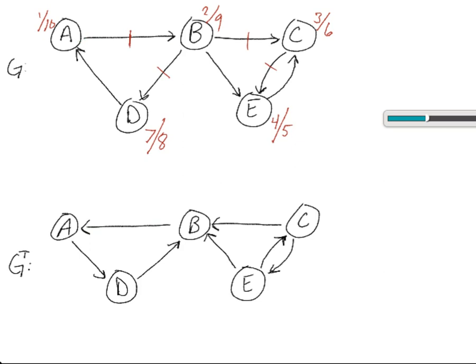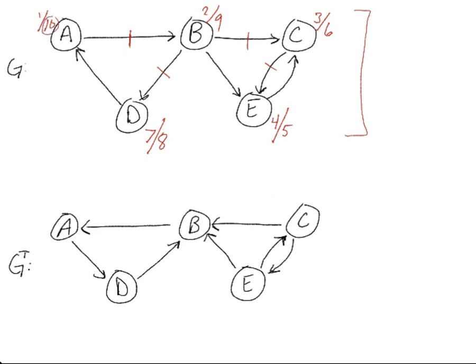Now what we're going to do on the transpose graph is do another depth first search in reverse order of finish time. In the original search, the greatest finish time is node A with a finish time of 10.